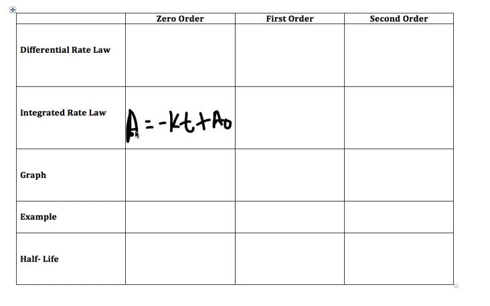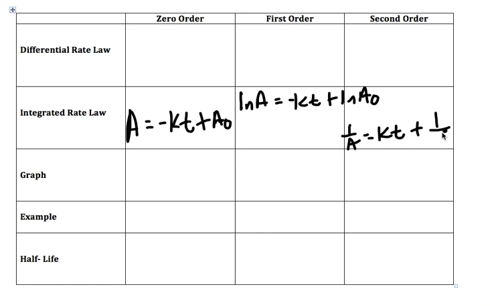So assuming that those are concentrations, I just don't have brackets around it right now. This is ln of A, again that's a concentration, equals negative kt plus ln of A naught. And then this last one, 1 over A equals kt plus 1 over A naught. All the A's are concentrations, and when it says A naught, that's its original concentration.